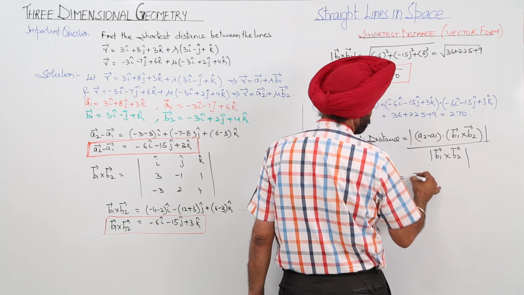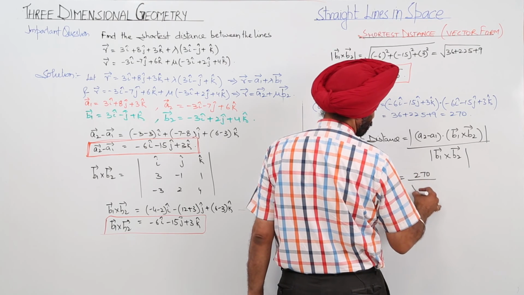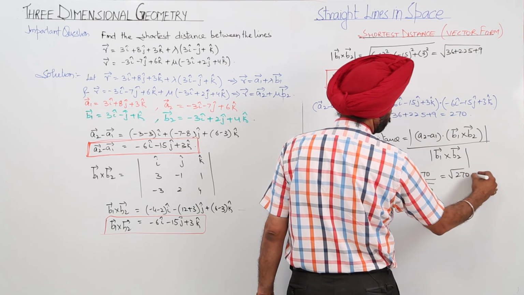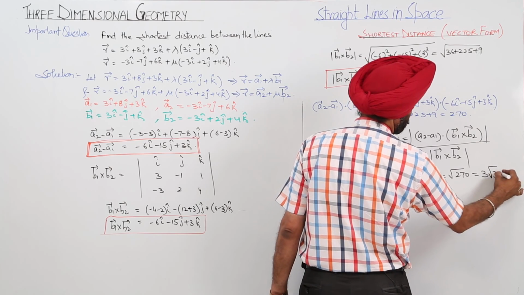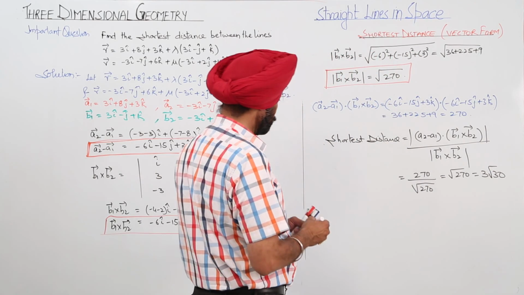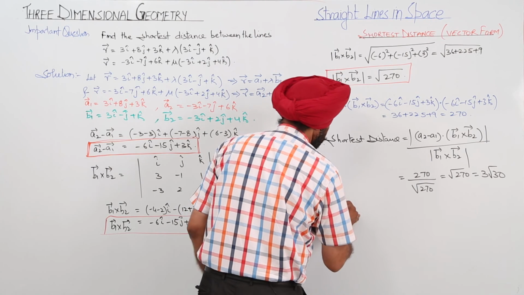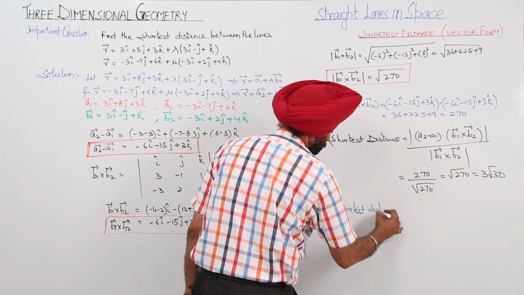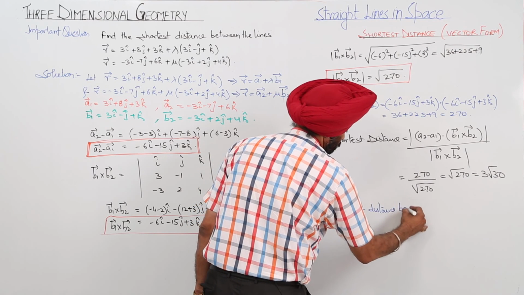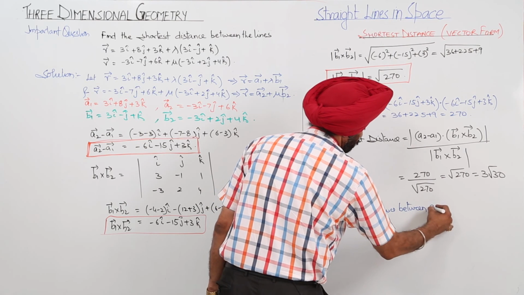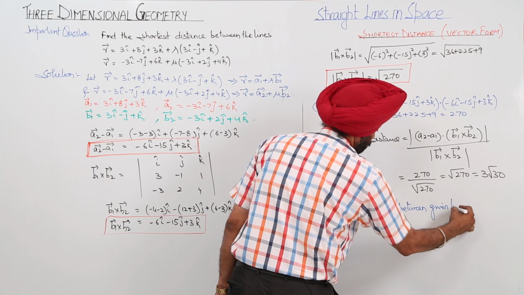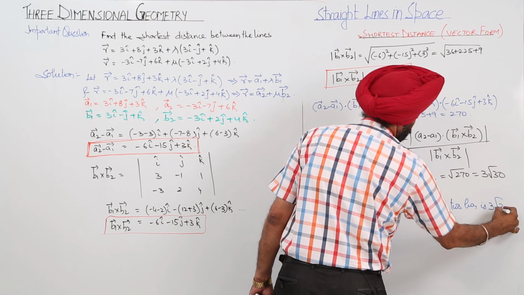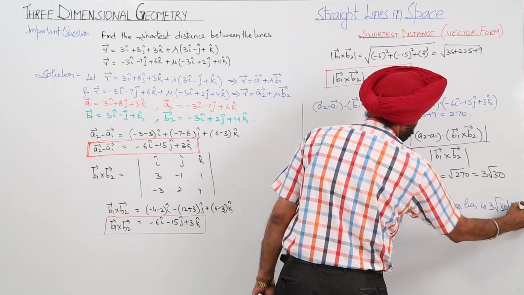Now this is equal to 270 upon square root of 270. This cancels square root of 270 and it is 3 root 30. Okay, now shortest distance between the given two lines is 3 root 30 units. Answer.